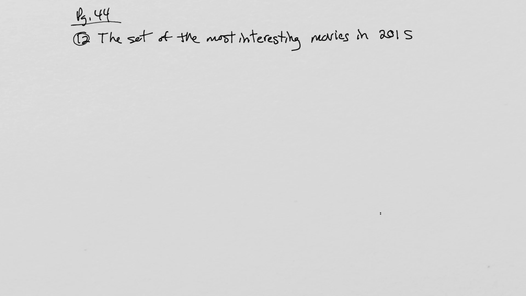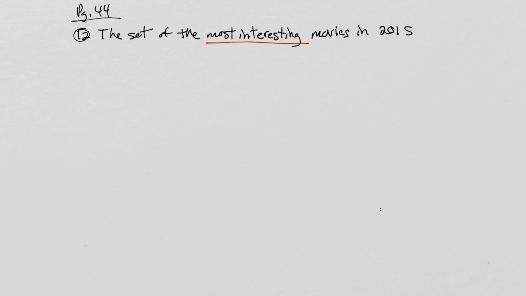So determine whether each set is well defined or not well defined. And the first one is the sets of the most interesting movies in 2015. Okay, so most interesting, is it a subjective or opinionated set?